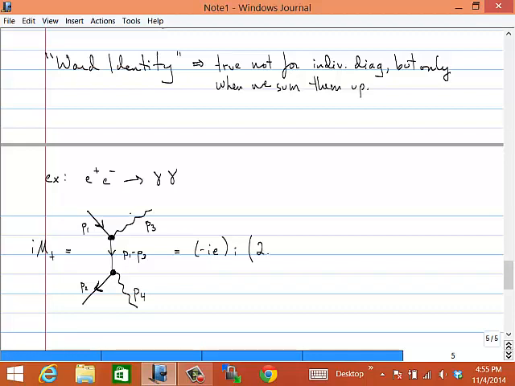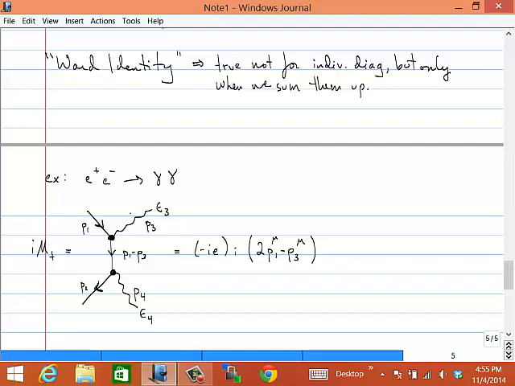So that's 2 P1 minus P3. Here, mu is the index up here, and nu is the index here. You know, actually what I'm going to do, just to get used to this, is write this all out in terms of polarizations. So let's say that this external photon has polarization epsilon 3, and this one has polarization epsilon 4, where those are 4-vectors.